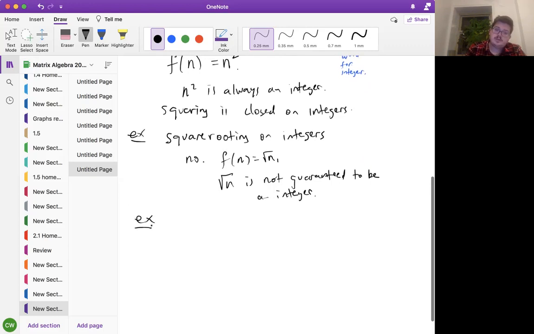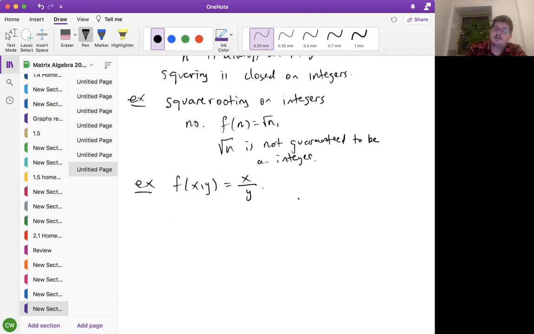Good. So let's talk about division. Division is actually two variables, right? It's f, you input two things. You take x, y, and you output x divided by y. So why is division not a valid operation in integers? Right, because you could have f of 1, 2 is equal to 1/2, which is not an integer.